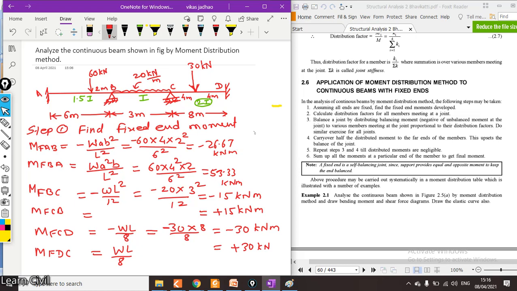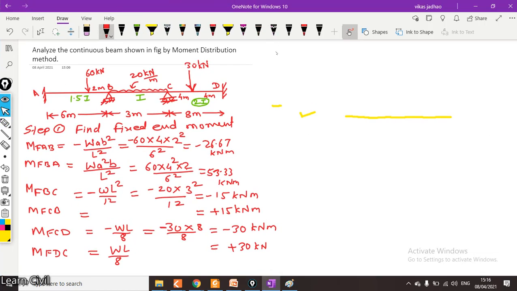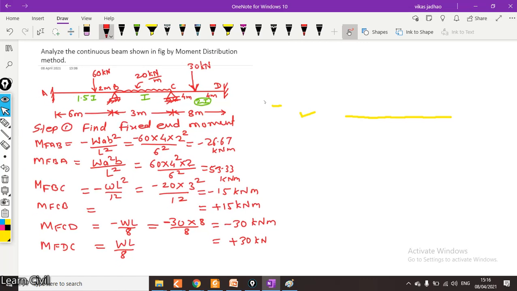Okay, so the next step is to calculate the distribution factor. For all members meeting at a joint, we have to calculate the distribution factor.